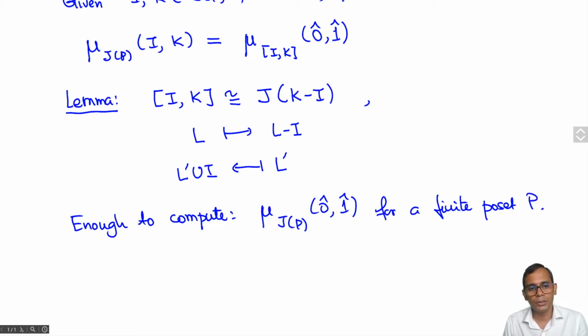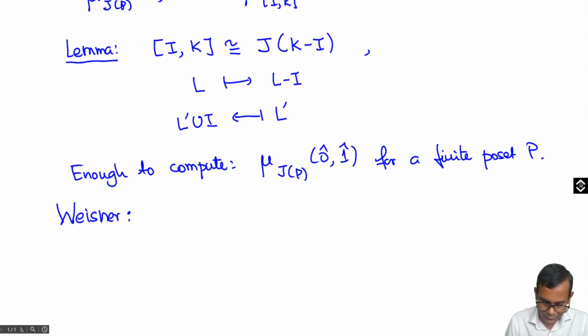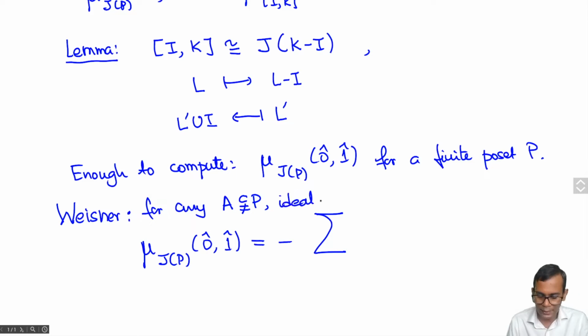For this, we will use Weisner's theorem. Recall what Weisner's theorem says. It says that mu Jp 0 hat 1 hat is equal to minus the sum over, so we'll have to fix any ideal A which is properly contained in P, so any element of this poset which is not equal to 1 hat.